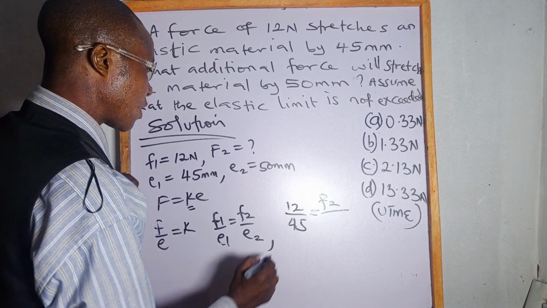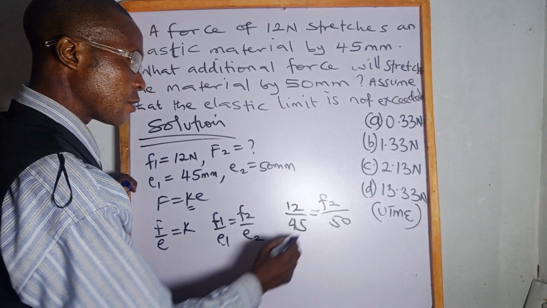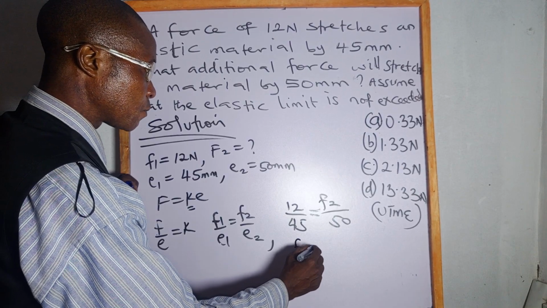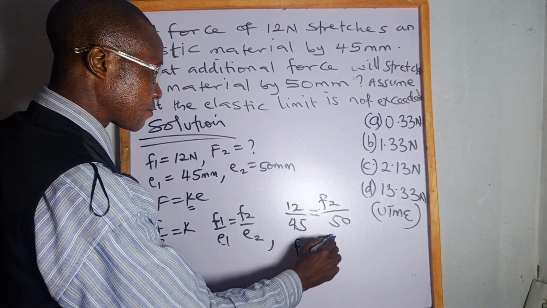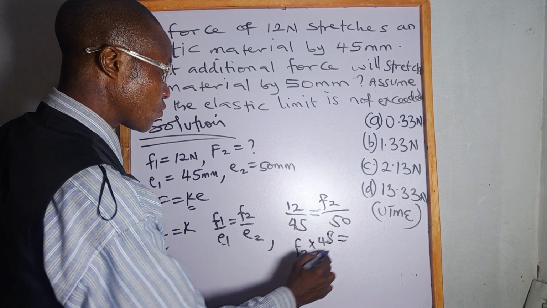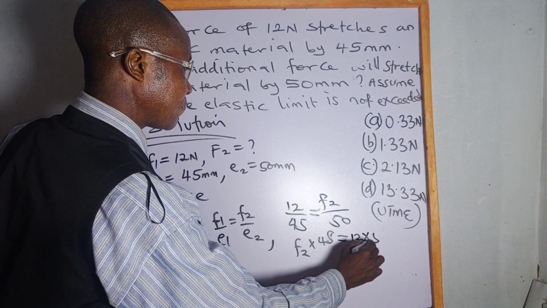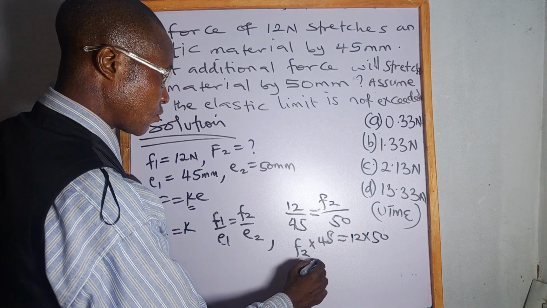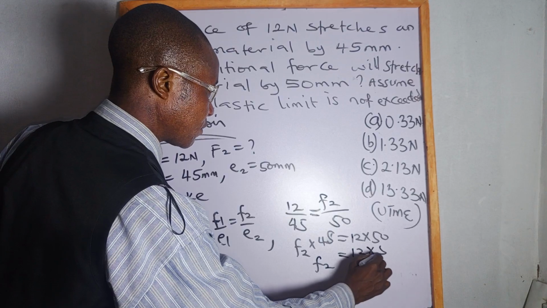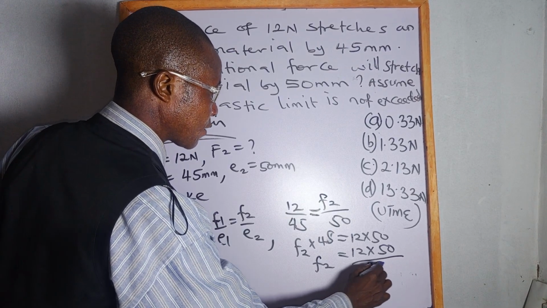I don't know F2 over E2. E2 is 50. By the time you cross multiply, F2 multiplied by 45 is equal to 12 multiplied by 50. When you do that very well, your F2 is equal to 12 times 50 over 45.